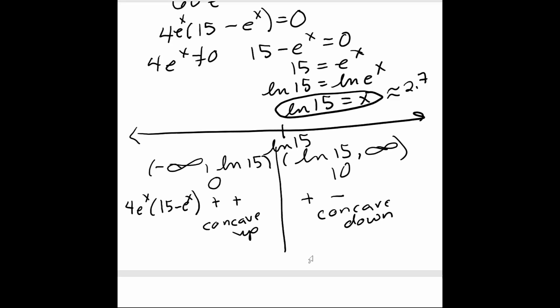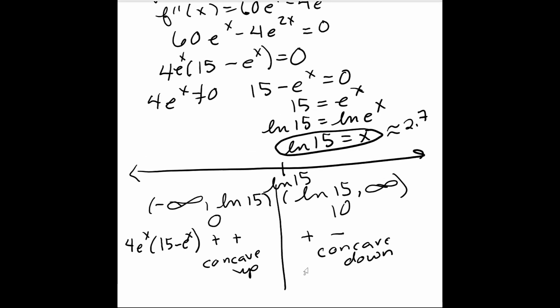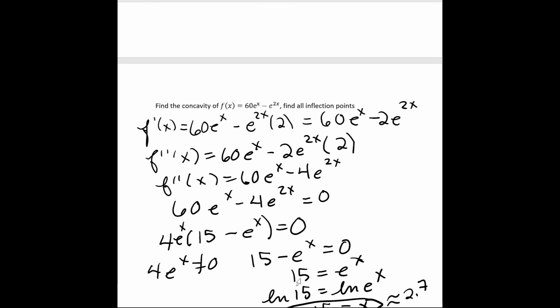As always, to get the point, we need to go back to the original and plug in the natural log of 15. So I'm going to write it way up here. Here I have 60e^(ln 15) minus e^(2 ln 15). Think about your rules.